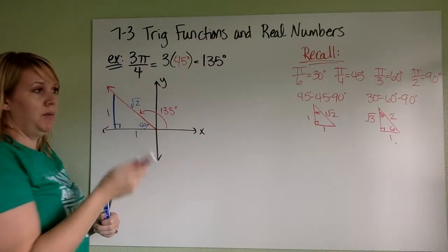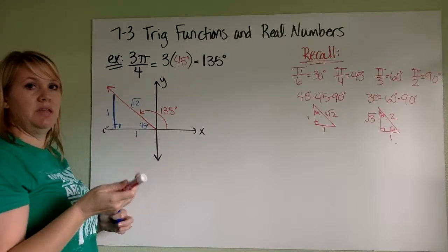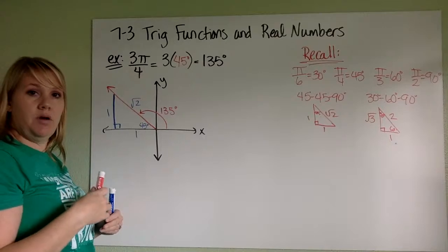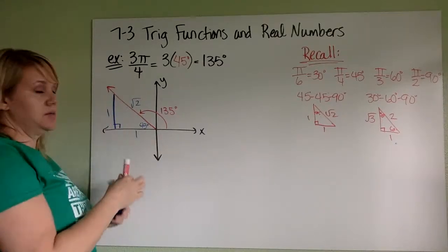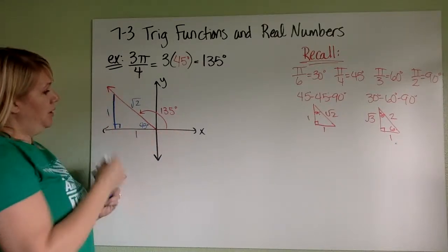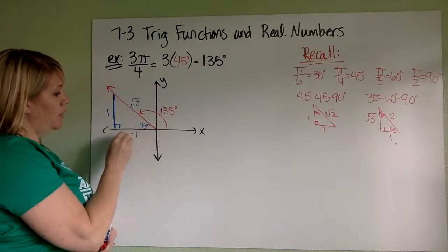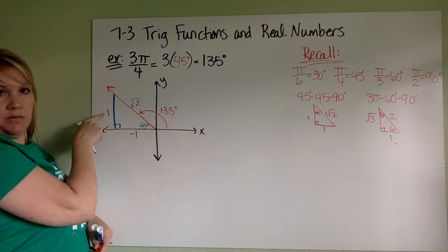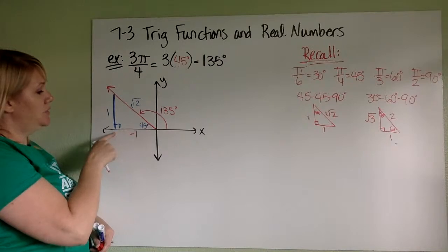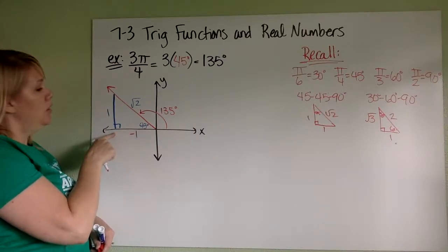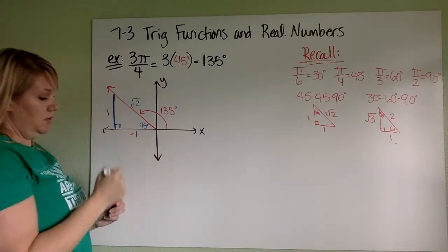And then keeping in mind that I have to add negatives for anything that would be negative on the XY axis. So we're going to the left and up, which means this is a negative 1. That is a positive 1, right? To the left means negative for X, but up means positive for Y.